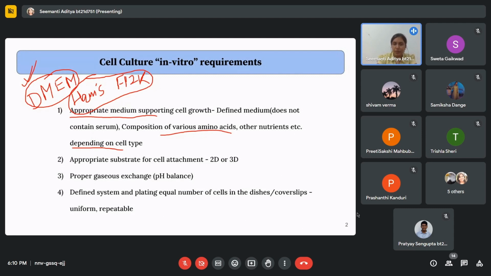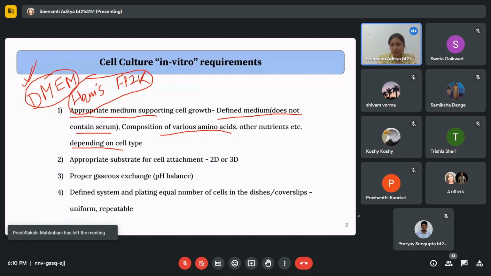Appropriate medium supporting the cell growth is very important, of which defined medium means that it does not contain serum. So what is serum? Serum means the component of the blood except your red blood cells.